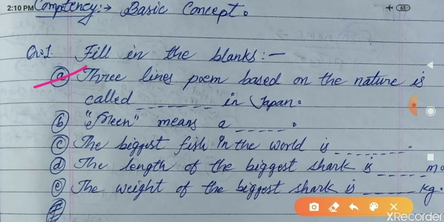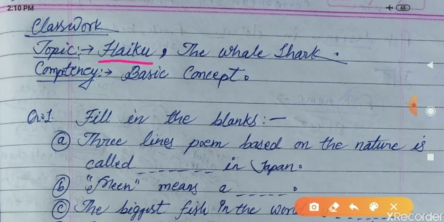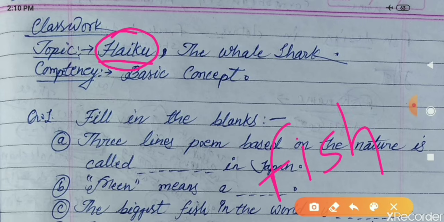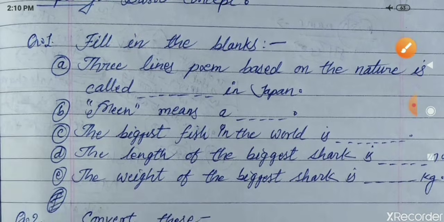Yes, it is haiku. Very nice. Now come to B. Mean means a dash. Yes, it is fish. Very nice.